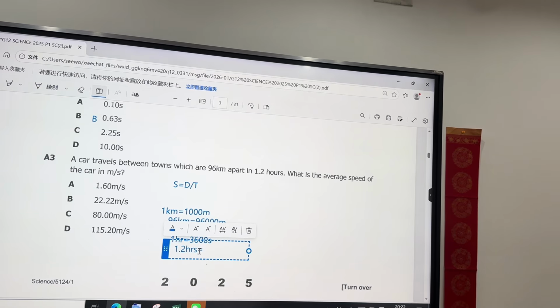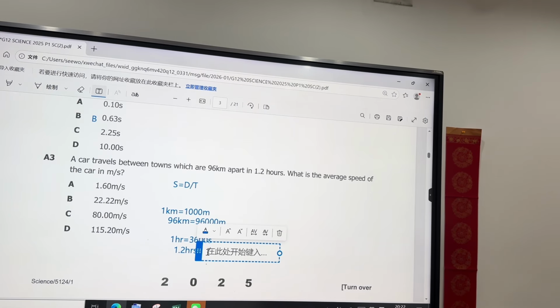It means 1.2 times this one, 3,600. So 3,600 times 1.2 is giving me 4320. So 4320 seconds.